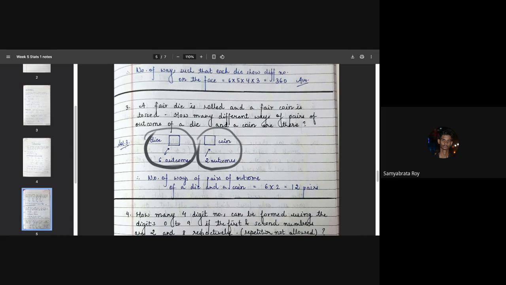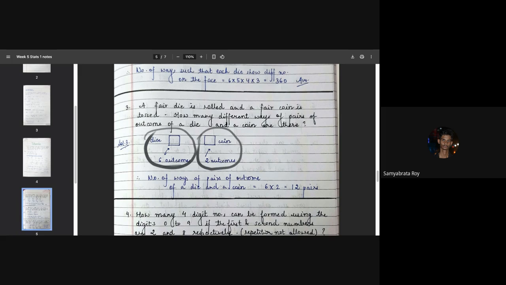Now, tell me, are these happening simultaneously or not? A coin is generating 2 different outcomes. A die is generating 6 different outcomes. Are they happening simultaneously, or are they happening in a separate way?